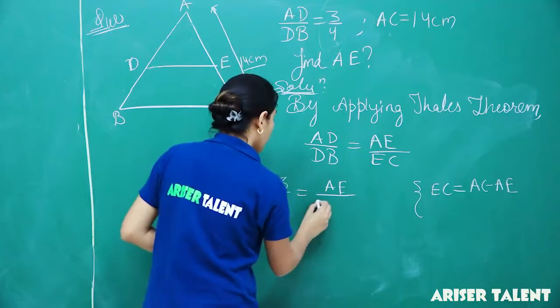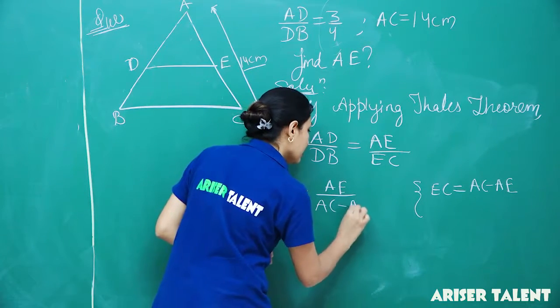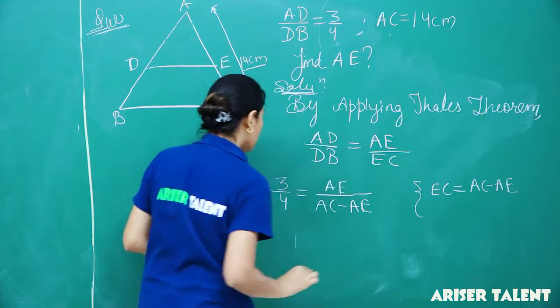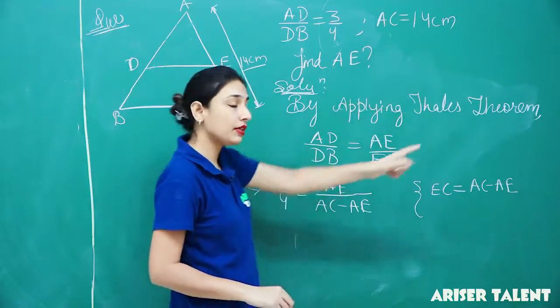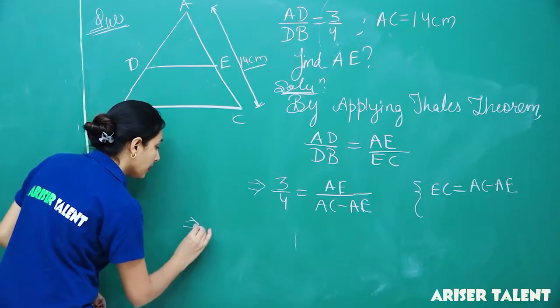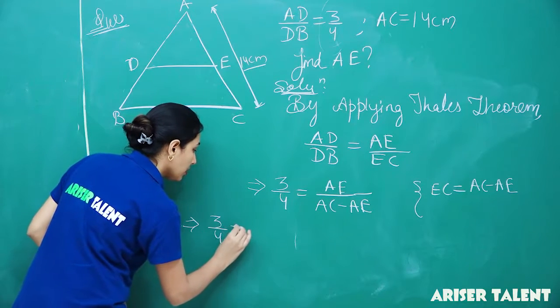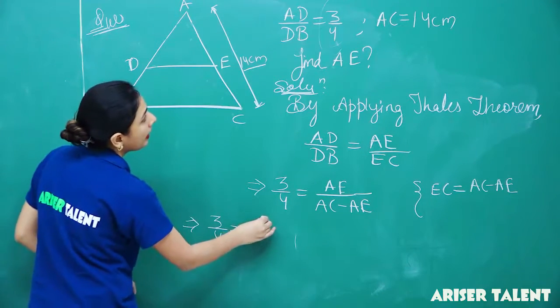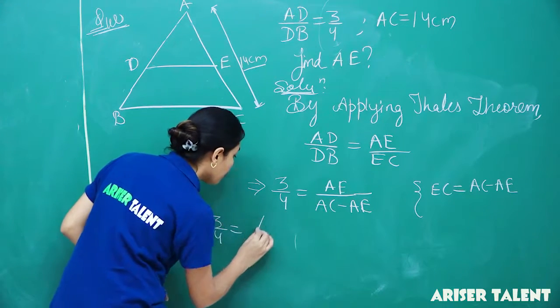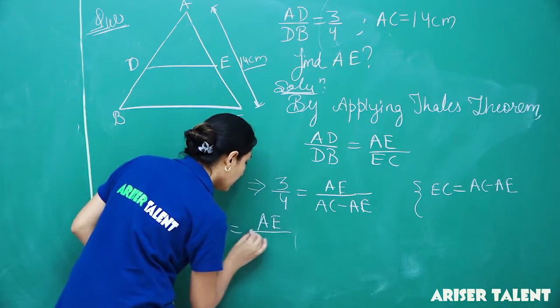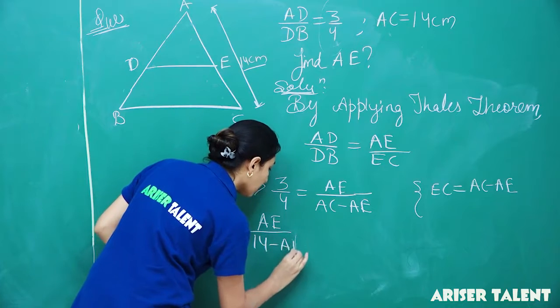Now write it here, AC minus AE. Now you are given the value of AC equals 14 centimeters. So just write it here: 3/4 equals AE over 14 minus AE.